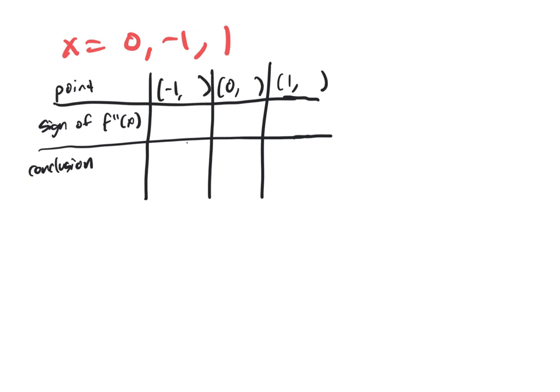Now you'll notice that we can save ourselves some time because when we talk about relative extrema, and this is something I'll summarize here at the end of the video, we just want to go ahead and have the x and the y value. So we're going to go ahead and plug all of those values into the function. And again, I'm going to save a little bit of time here in the video and show you just initially how I'd set up some of these and give you the rest of the numbers.